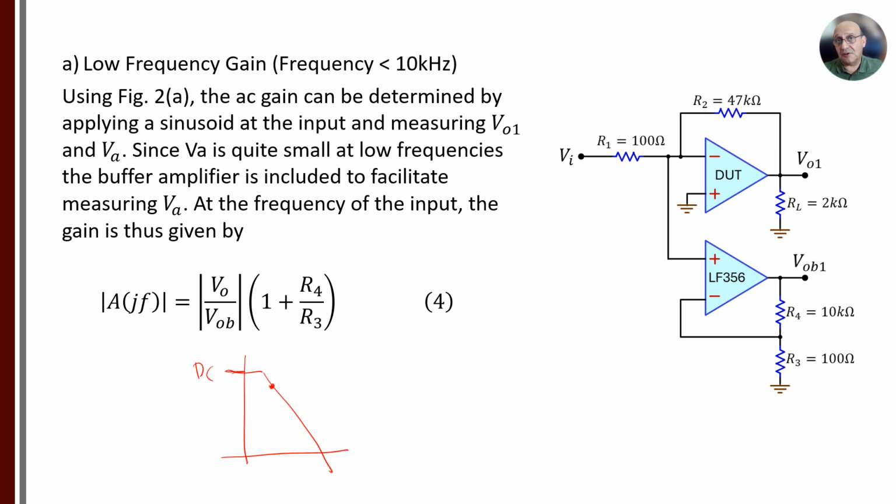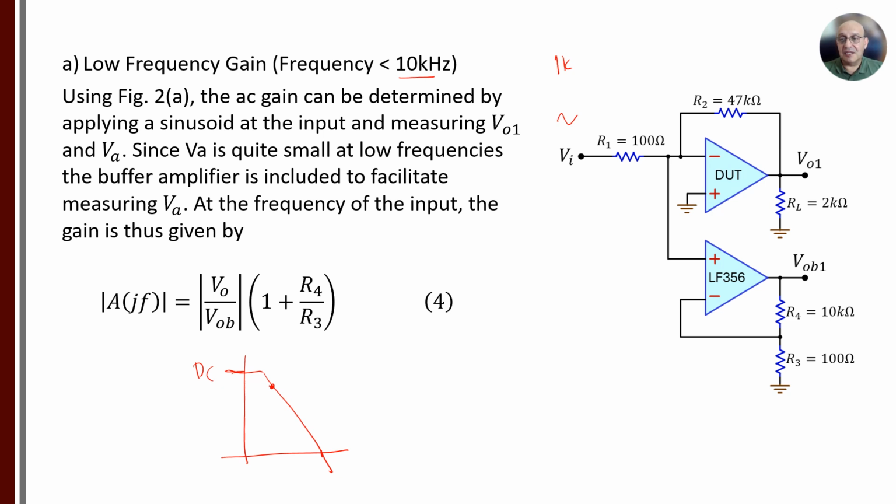This is also going to help us eliminate the offset voltage, because with an AC signal, it doesn't matter if it's shifted a little bit up or down with respect to 0 volts. So we are going to apply a small sinusoid at 1 kilohertz. If you apply a signal of 1 kilohertz, we expect the gain to be the unity gain bandwidth, which for the 741 would be 1 megahertz divided by 1K, that's 1000.